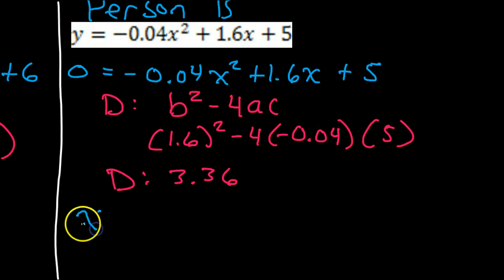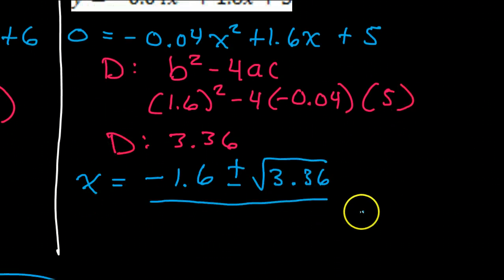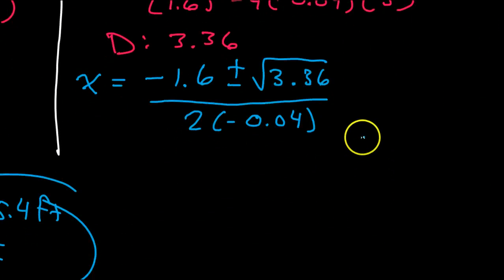So x will equal the opposite of b, so negative 1.6, plus or minus the square root of b squared minus 4ac, that's the discriminant, 3.36, all over 2a. So that's all over 2 times negative 0.04.